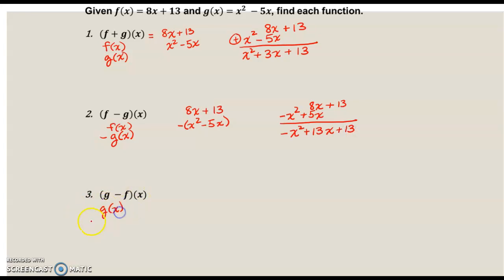G of x minus f of x, I would stack that as well, and you'd have x squared minus 5x, and then the 8x plus 13 would be the one that had to change all their signs. So you'd have x squared minus 5x minus 8x and minus 13, and your final total would be x squared minus 13x minus 13.